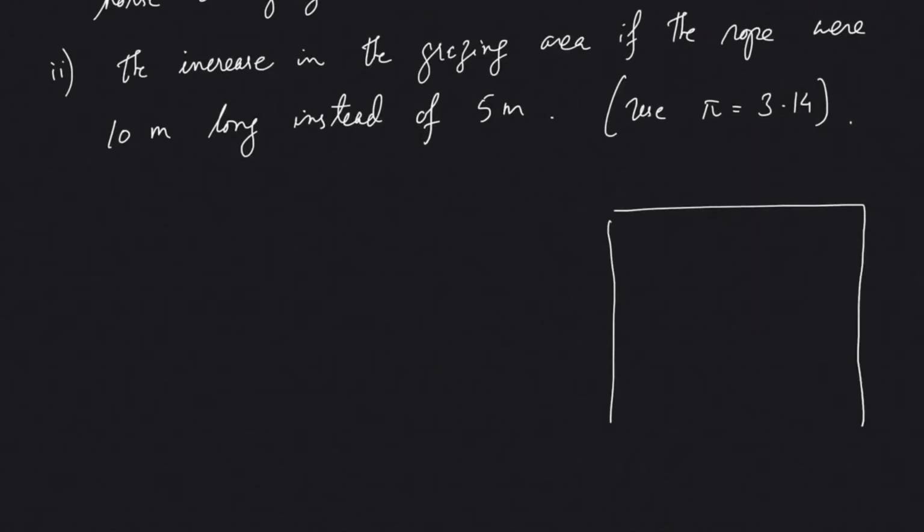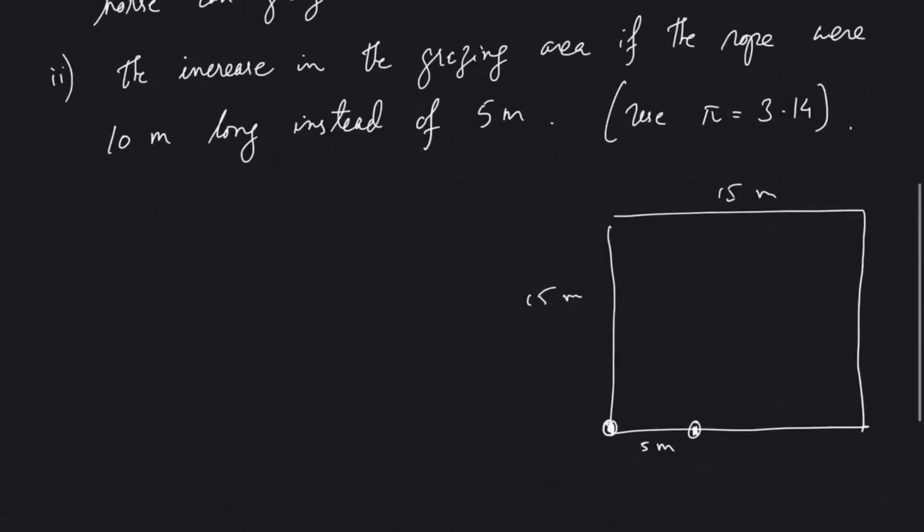That means we have a square field and maybe the horse is tied at this end of the square field by a 5 meter long rope, and this square is of dimensions 15 meter. Peg means, in other words, again maybe a stand or a post where one end of the rope is tied, on the other end we have the horse.